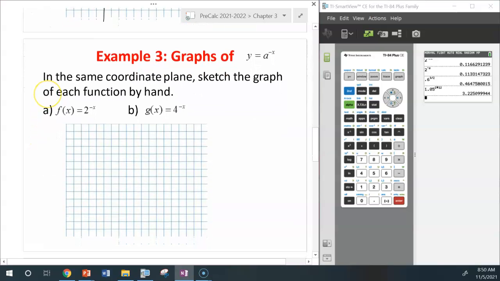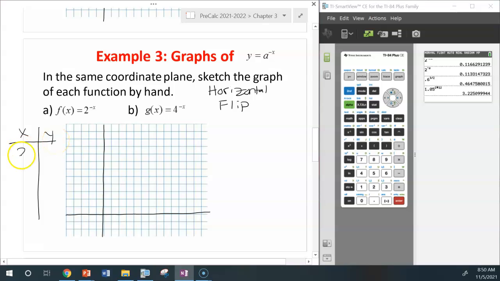Now what happens if we have the same base, but this time we're using -x? That means our x was multiplied by a -1, and you should see a horizontal flip. So let's sketch these graphs. Again, I'm going to make an xy table.